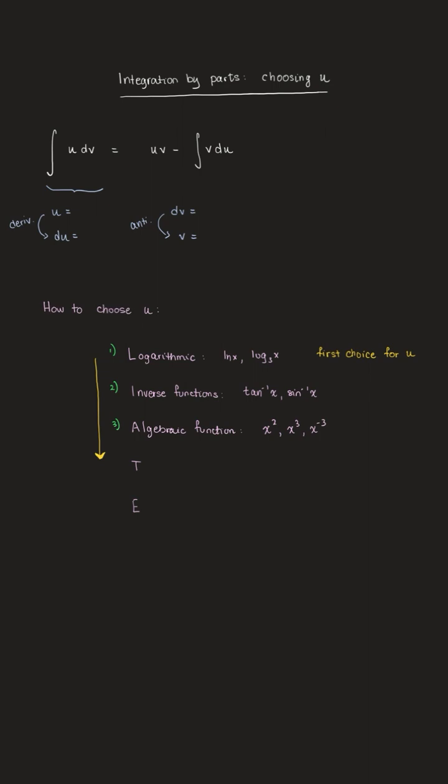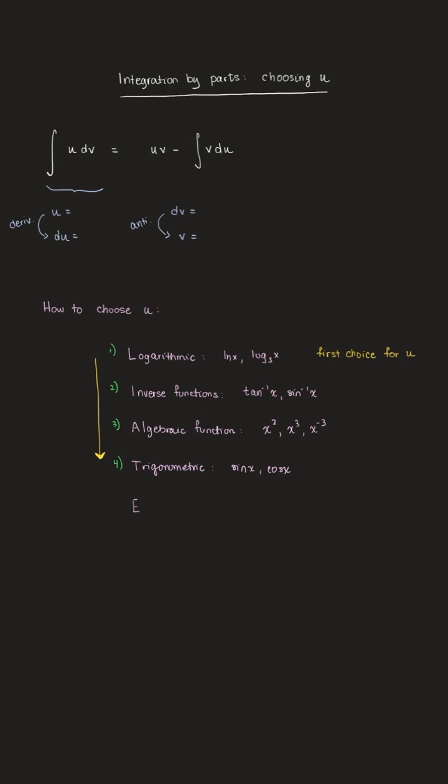Our fourth choice is trigonometric functions, like sine x, cosine x, tangent x, secant x, all of those. That would be our fourth choice for u if you don't have any of the above 1, 2, and 3 functions.